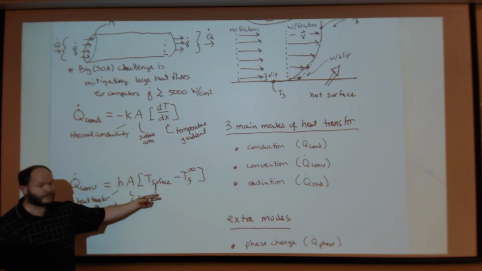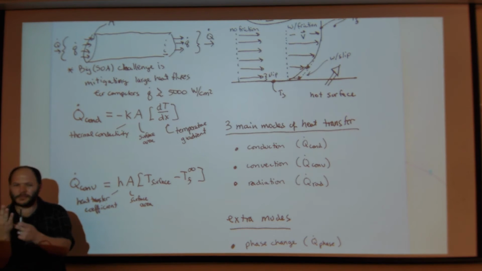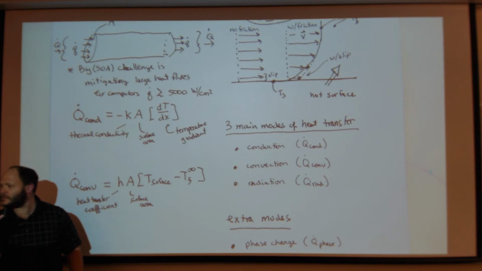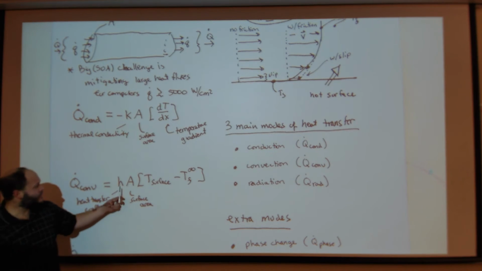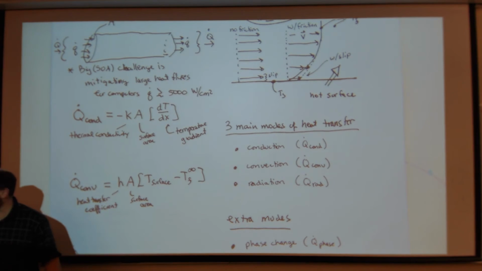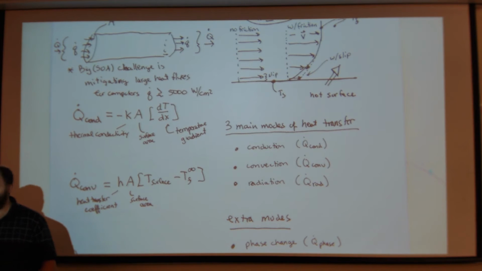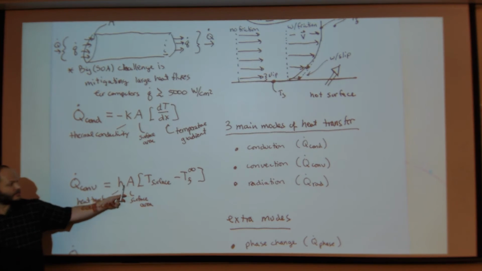Let's say my hand is roughly room temperature surface temperature before I put it in the lava. And then I have this value h here, which is the heat transfer coefficient. We could estimate what the heat flux is, given I know the surface area, but then I need to know a heat transfer coefficient.